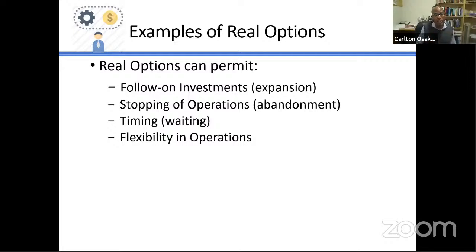And so I'll run through an academic example, okay, just to give you a feel for why these things are important, and also to show you how you can implement the real options approach in an Excel spreadsheet model. Another option that firms have is what's called the timing option.